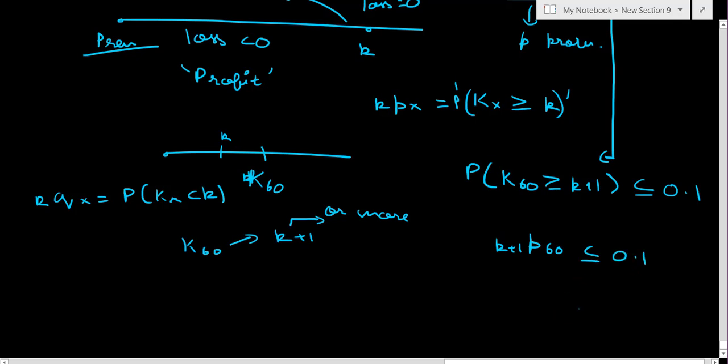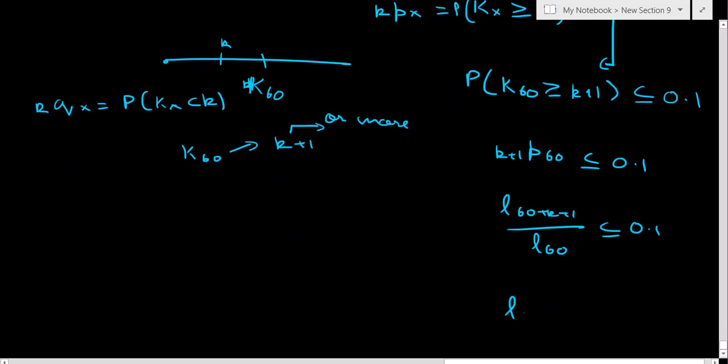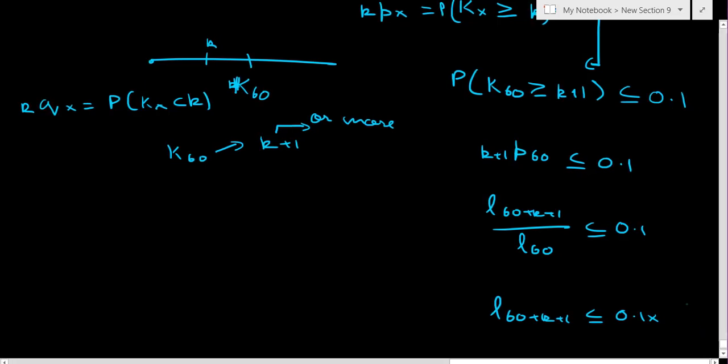So this becomes L60 plus k plus 1 over L60 is less than or equal to 0.1. So L60 plus k plus 1 is less than or equal to 0.1 times L60. So L60 is equal to, from the tables, PMA92 C20, 9826.131.